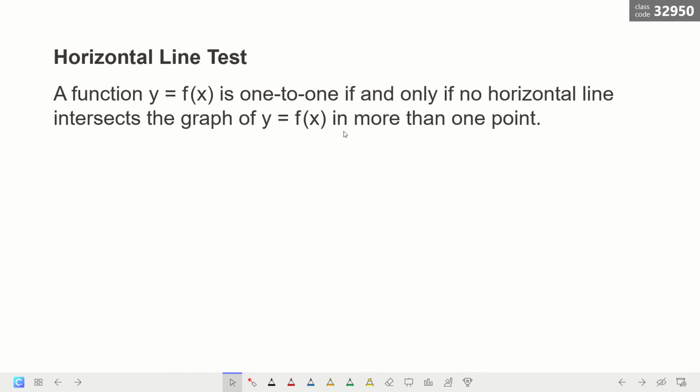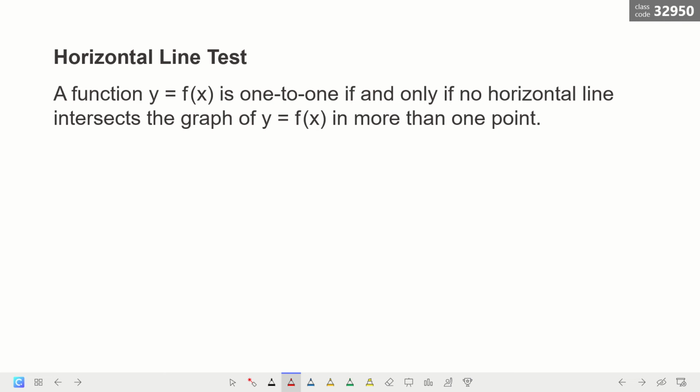One of the simplest ways to test whether a given function is a one-to-one function is by using the horizontal line test.